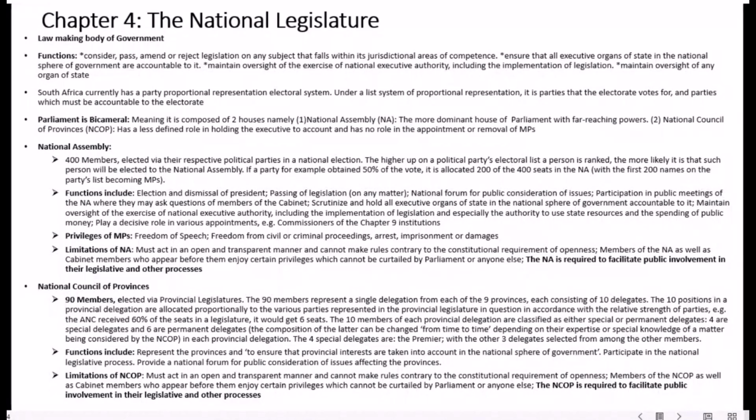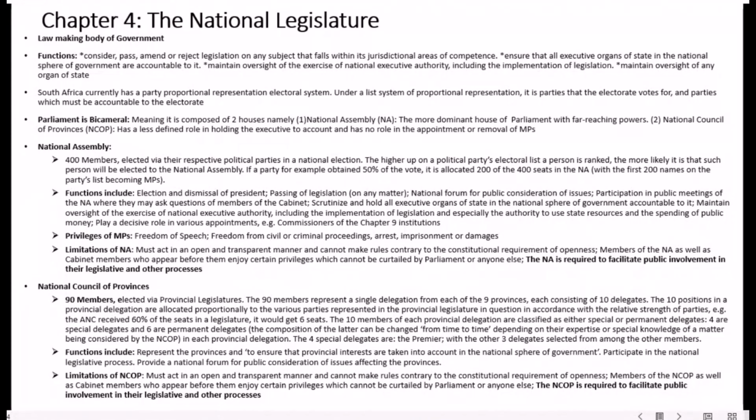And then the National Assembly, colleagues, being the first house, it consists of 400 members. They are elected by their respective political parties in a national election. So the higher up on a political party's electoral list a person is ranked, the more likely it is that such person will be elected to the National Assembly. So what the parties do is they will prepare a list of names.